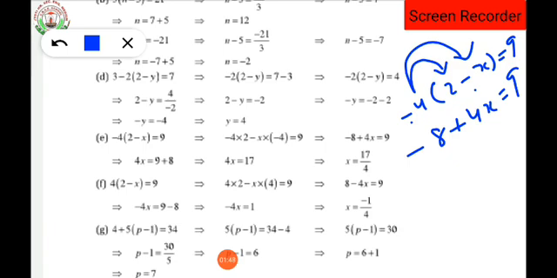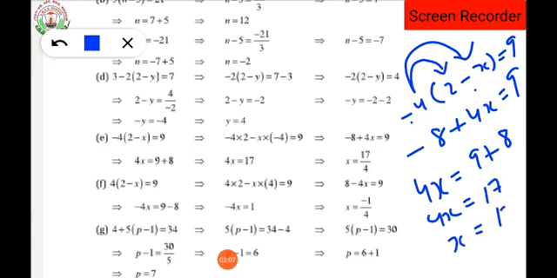Okay, so here we are going to transpose the constant. So 4x equals 9. If we transpose minus 8 from the left hand side to the right hand side, it will become plus 8, isn't it? So 4x equals 9 plus 8, which is 17. Now x equals 17 upon 4 will be the answer.